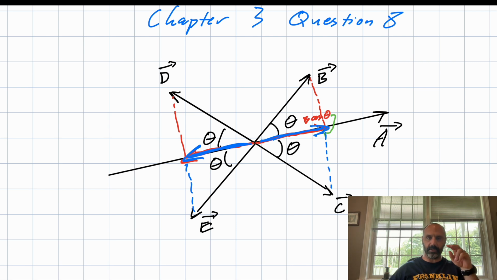Now notice here that D and E, their projection is different from projection B and C because they're going in opposite directions. And that's going to matter because of the angle that they're making with A.